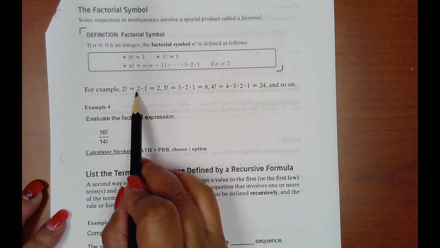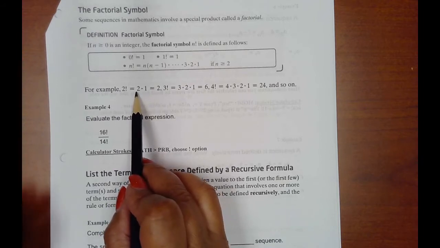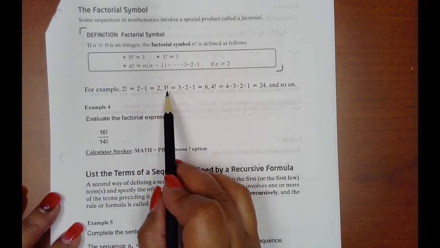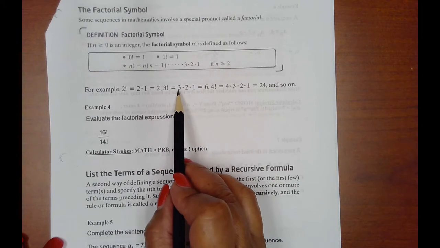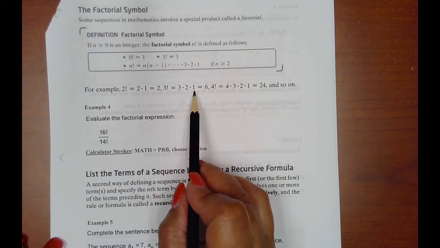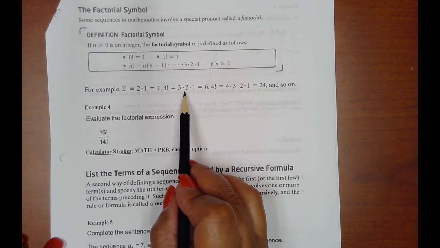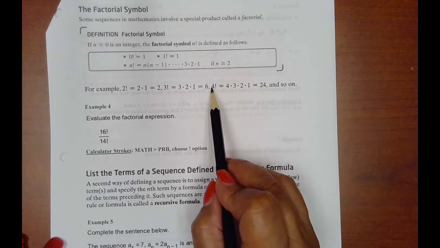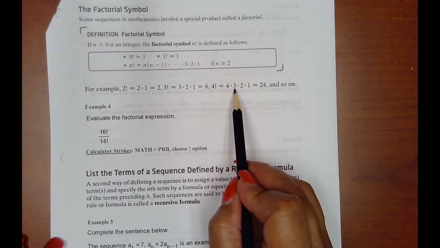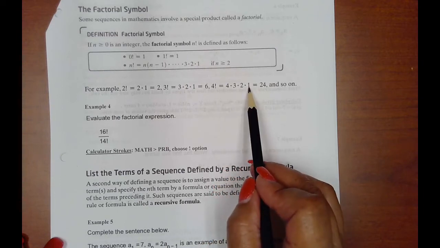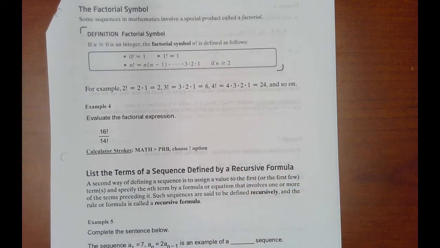So if you're at 3 factorial, you start with a 3, count down. Next number is 1 less. Next number is 1 less than the one in front of it, and you're forming a product. Stop when you get to 1. If you see 4 factorial, it starts with 4, go down 1, go down 1, go down 1, stop when you get to 1, and multiply all those factors, and so on.